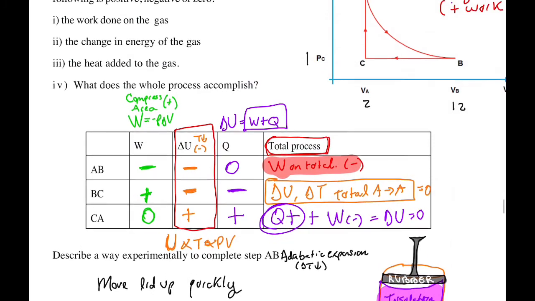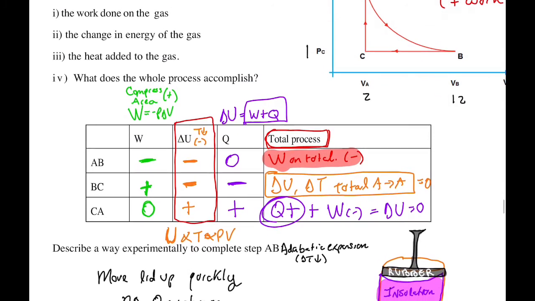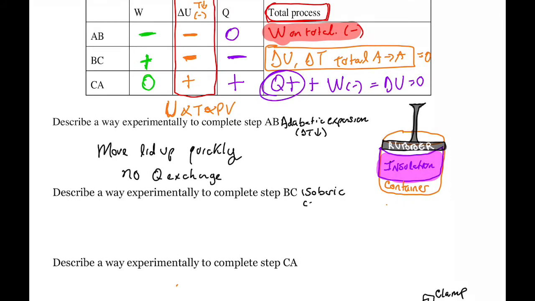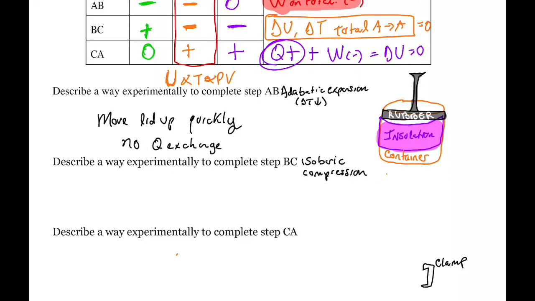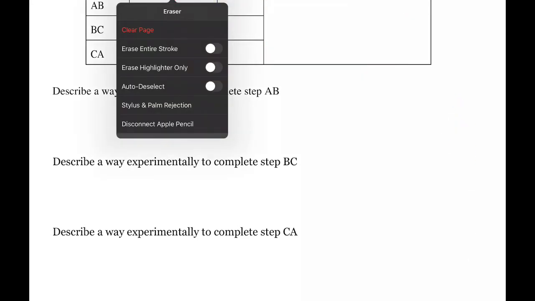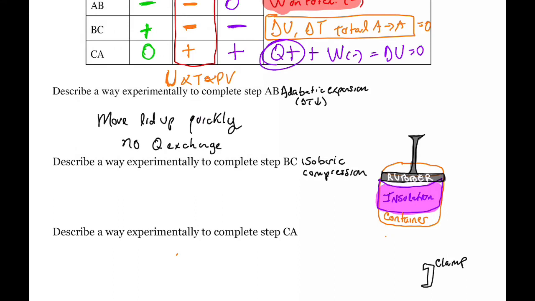B to C is a process that is isobaric, same pressure, and we are compressing. We're going to take this container here, and we are now going to remove the insulation. We are going to let the atmosphere act on our rubber stopper, so we're not going to clamp it in place, it's going to be free to move.